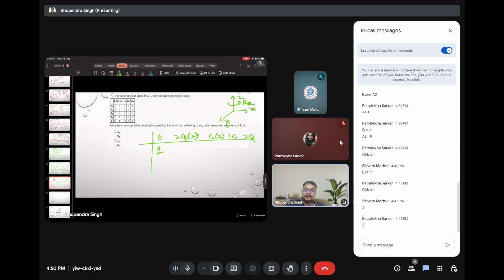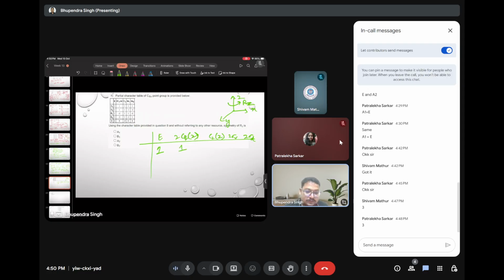So what will be the character of C4 along the Z direction? Its principal axis of rotation is Z only. Will it change anything along the Z direction? No. So the character should be 1.